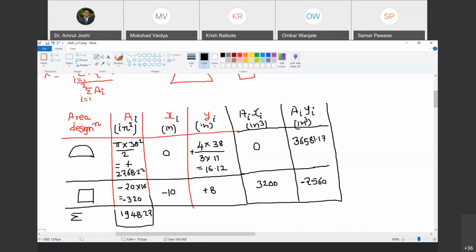So this is summation of Ai. Are you with me? What is summation of AiXi? 3,200. And what is the summation of AiYi with sign?